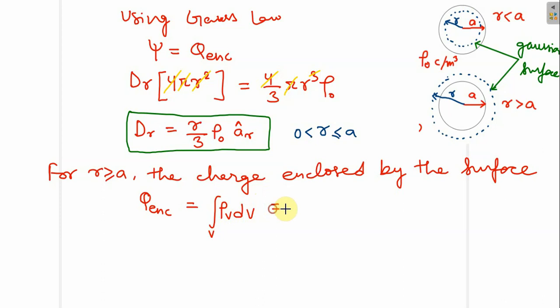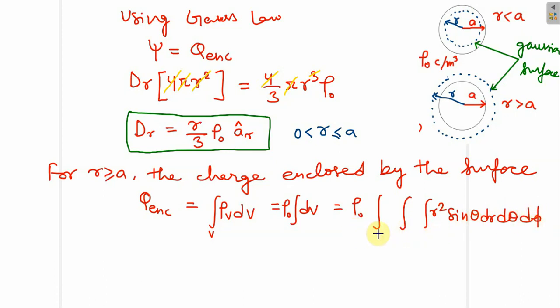Now this rho 0 we will take out, and this is going to be the triple integral of r square sine theta dr d theta d phi, where phi equals 0 to 2 pi, theta equals 0 to pi, and this time r is not 0 to r, it is 0 to a.